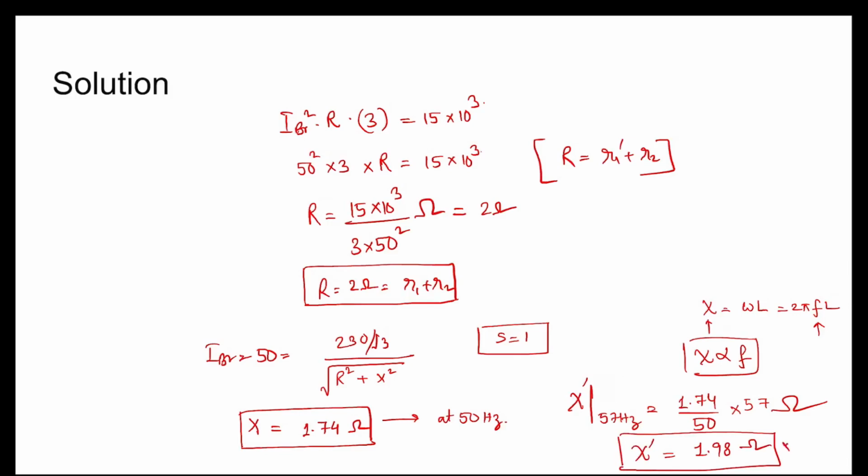Now we have this X dash value and R value, so we can find the value of the current. So I prime at 236 by root 3, because we are doing the phase to neutral circuit calculation.